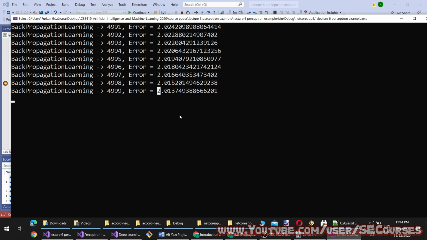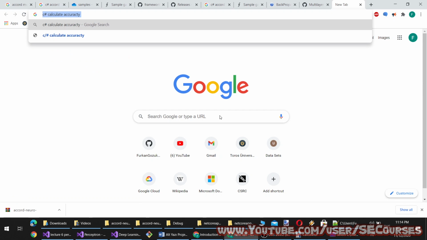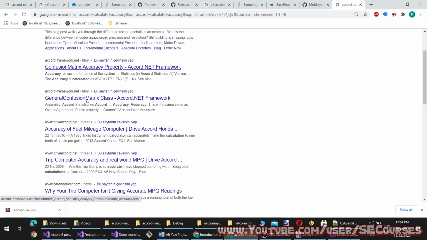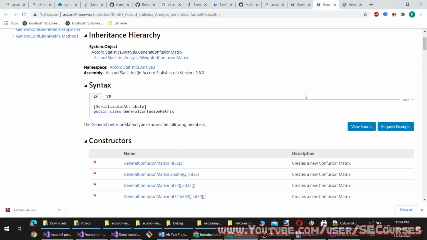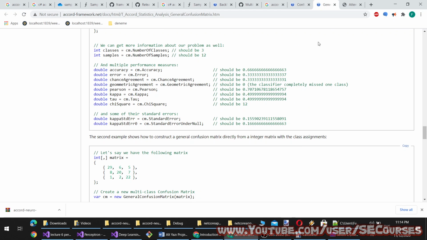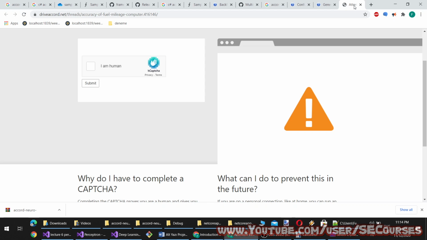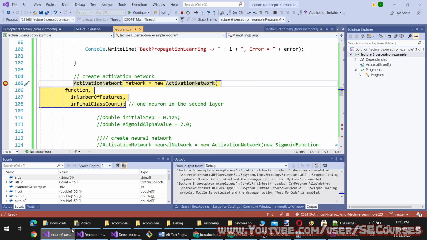However, this is not the percentage error. Let me check how we can calculate. Expected, predicted.